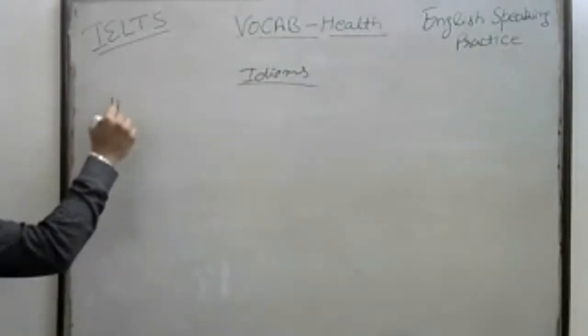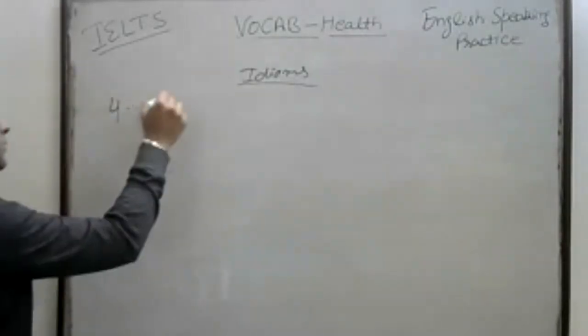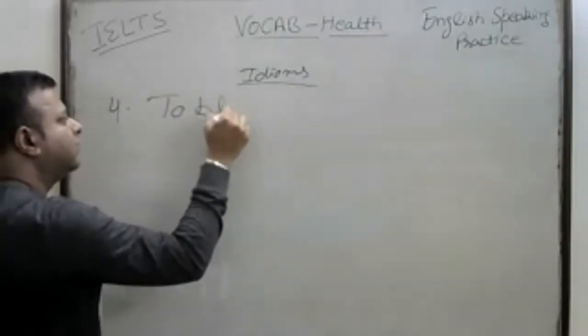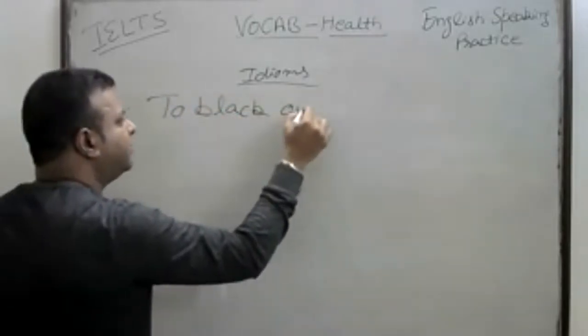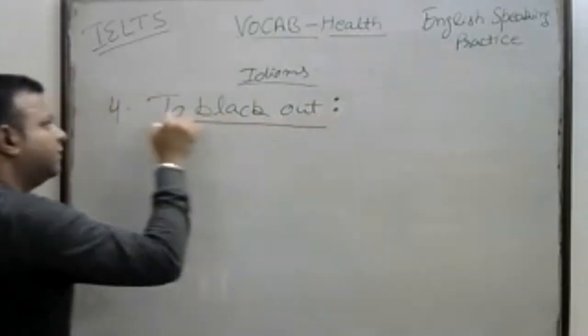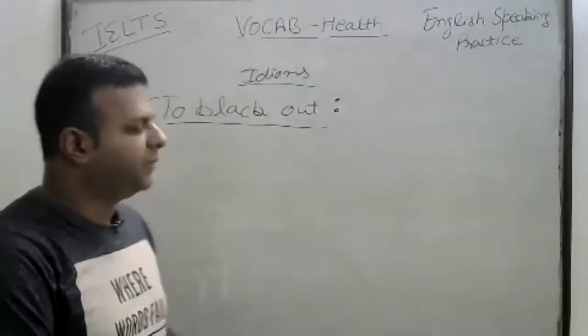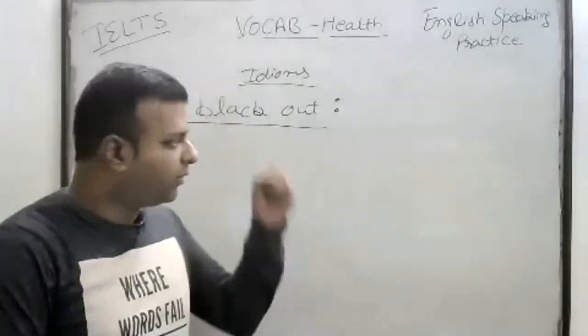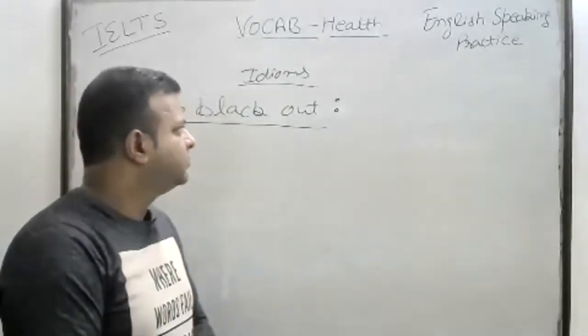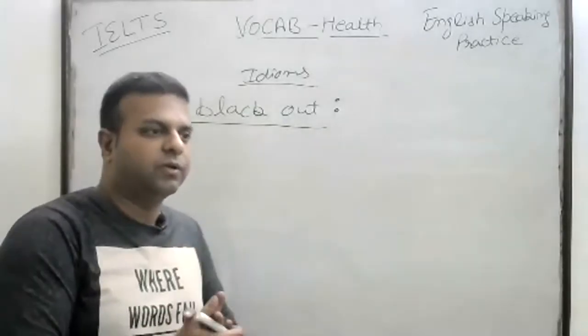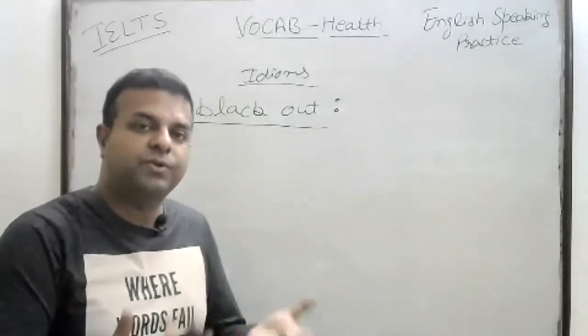Okay, then number 4, to black out. To black out means when we become unconscious. Darkness in front of the eyes, right? So you just fall down on the ground. You don't know what's going on.